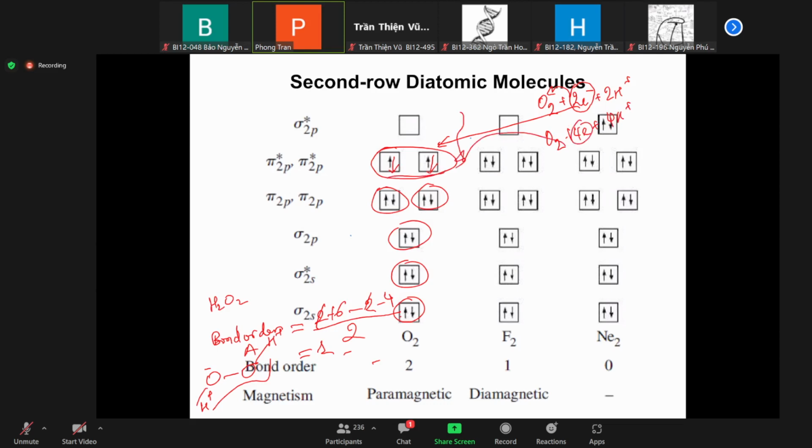Already 2, so it remains 2 electrons here. In total now, I make the calculation and the bond order equals 0. That means I start from the oxygen bond like this, and the product will have no bond between oxygen and oxygen. So I should remove this, okay? And because I have 4 protons, I put 4 protons here. So I have 2 molecules of water, okay?